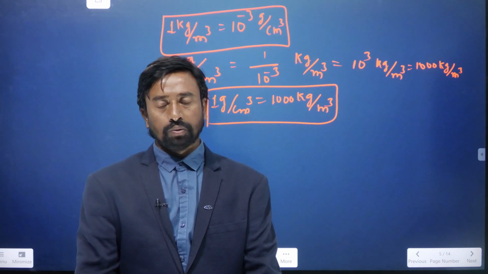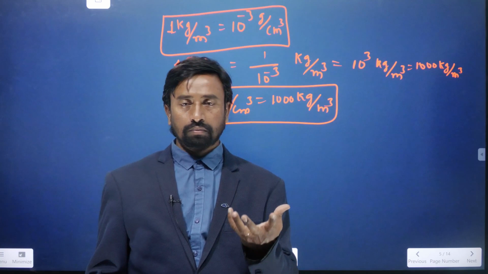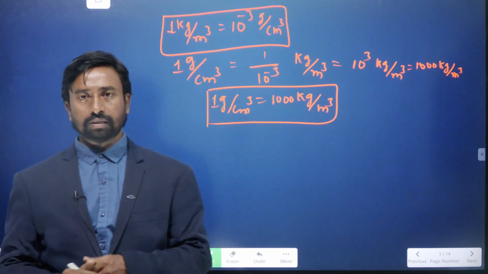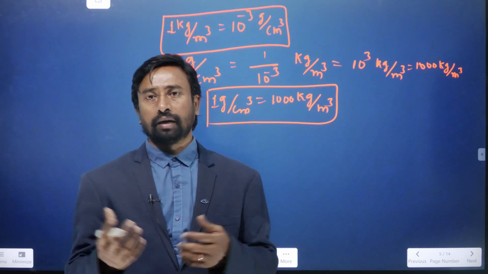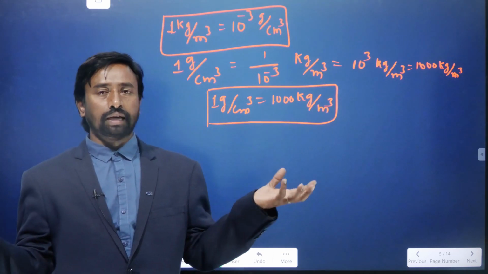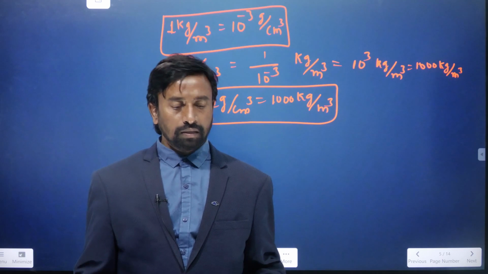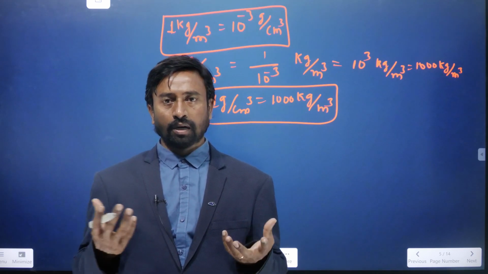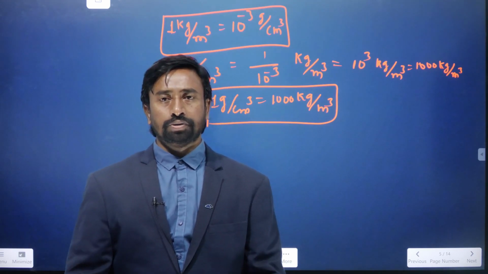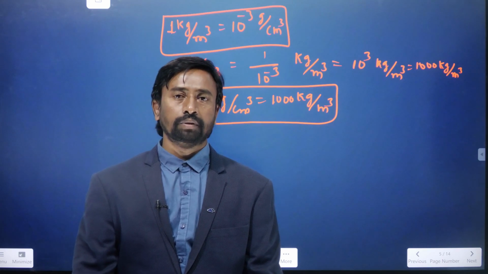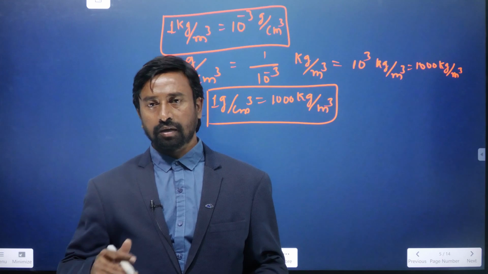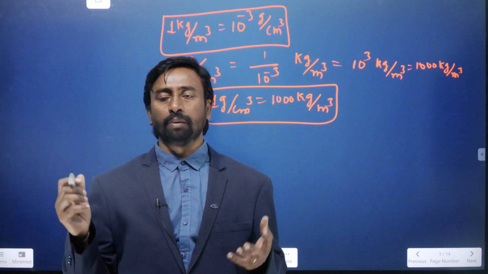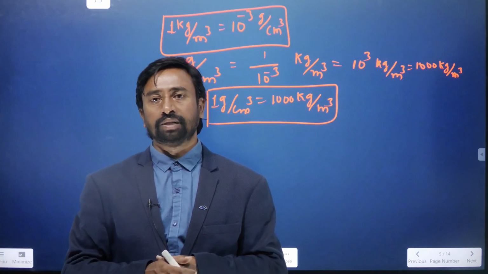Consider two liquids, water and milk. Water has a certain density and milk has a certain density. If they are combined, it becomes a water and milk solution, and that solution will have a different density. It is not equal to the density of water or the density of milk. There will be a density of the mixture.